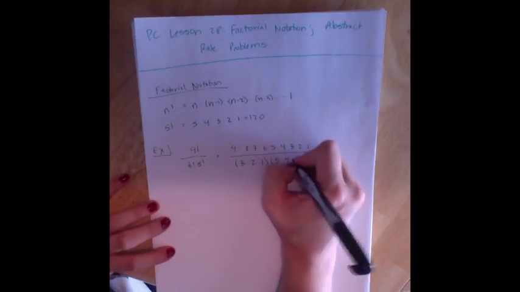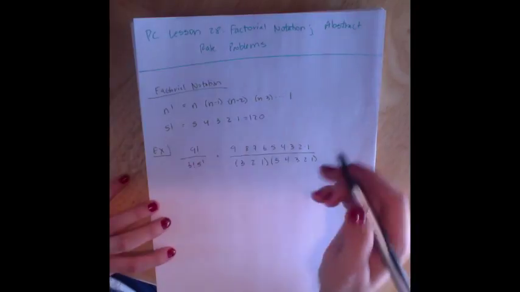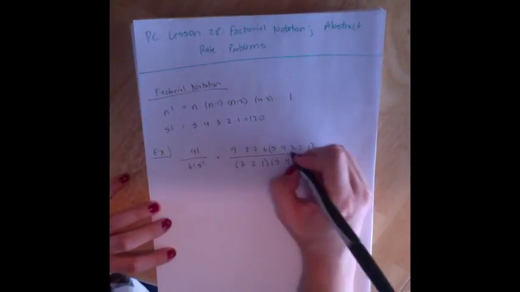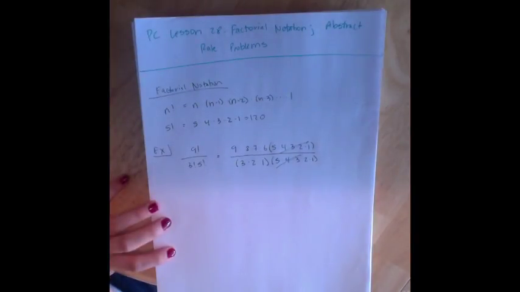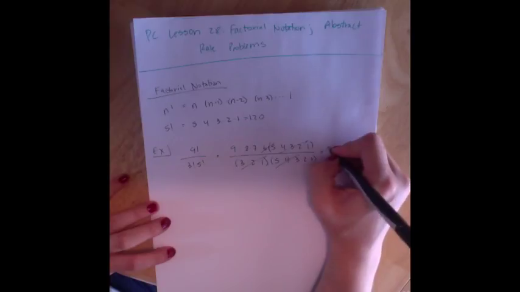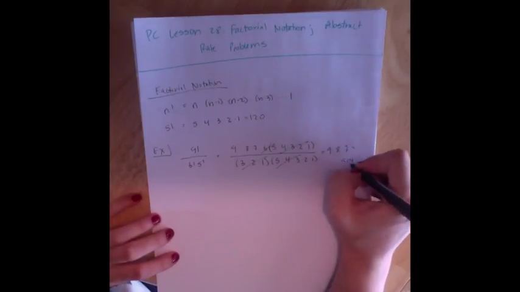And 5 factorial is 5 times 4 times 3 times 2 times 1. Now, we notice on top we have 5 times 4 times 3 times 2 times 1, as well as on bottom, so those cancel. And 3 times 2 gives me 6, so it cancels here. So really, we have 9 times 8 times 7, which is just 504.